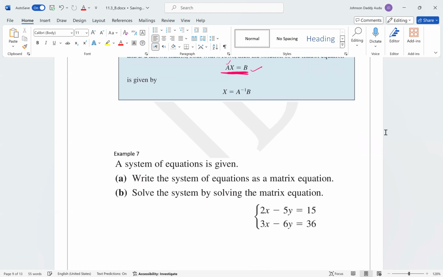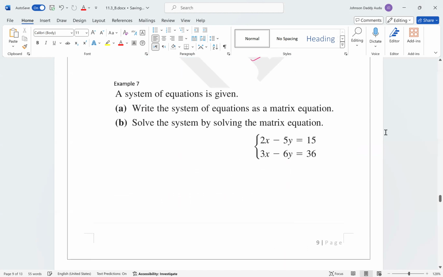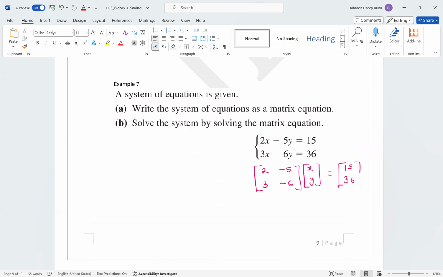So this is an example here already. Look at this one. This matrix, you can write this as what? We can write this as 2, minus 5, 3, minus 6, right? And then this is our X, this is our Y, and this is going to be 15, 36, right?